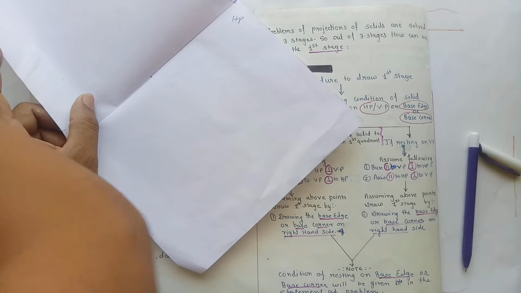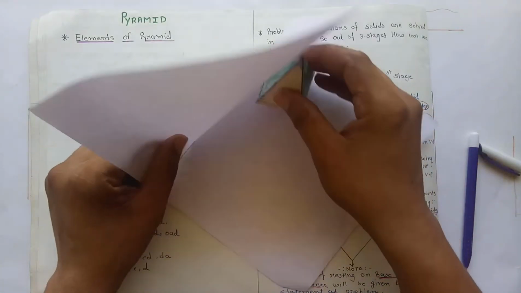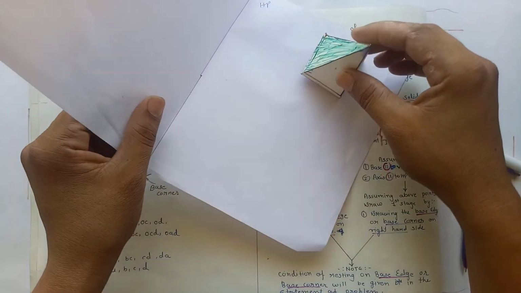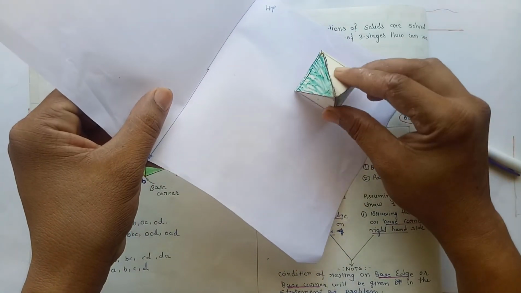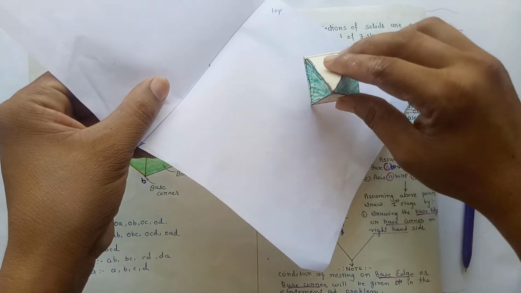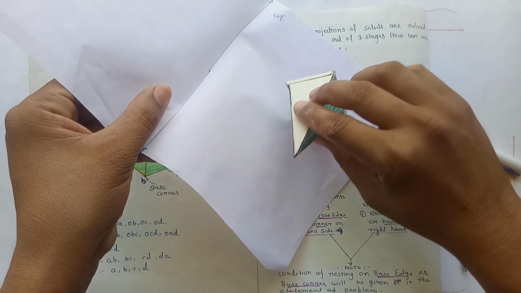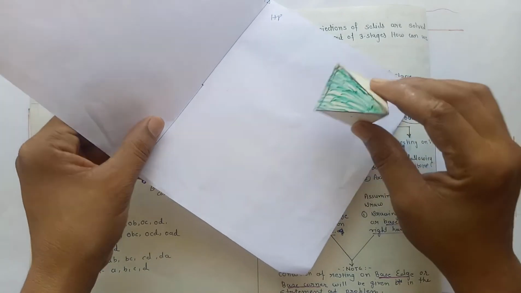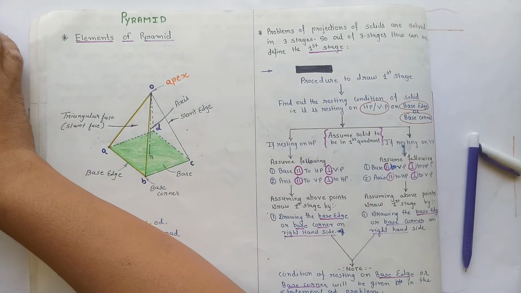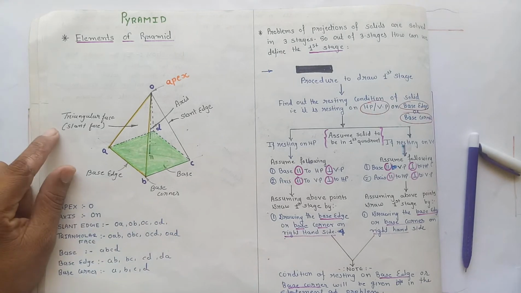You can easily see this position in the pyramid. See, right now the pyramid is resting on its base edge, and if you take the solid like this, it is resting on its base corner. That you have to find out from the given statement of the problem of projection of solids.